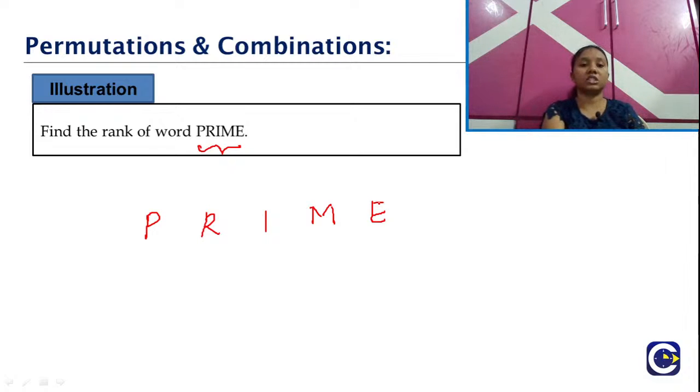Just follow the same steps in order to find the rank of the given word prime. So we can directly identify there is no repetition of any of the alphabets within the word prime. So we can go by the first method, that is our first case.